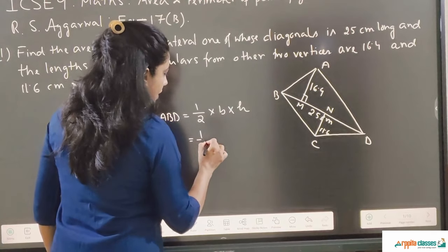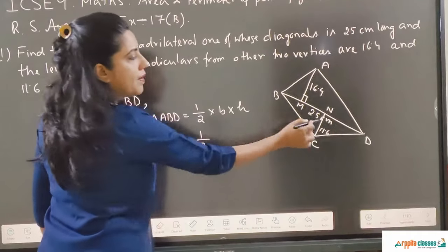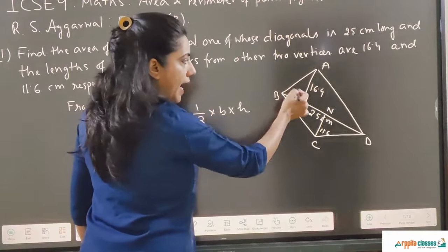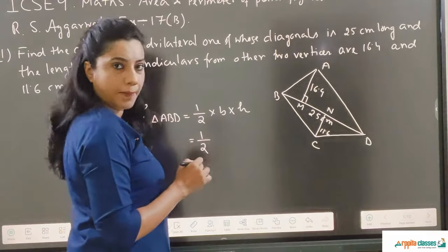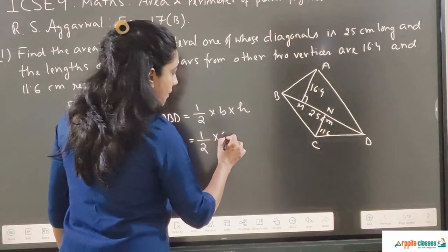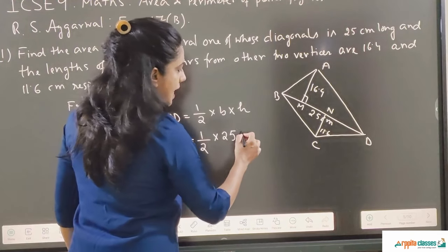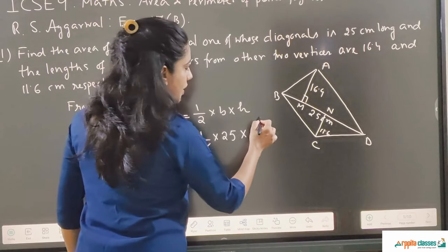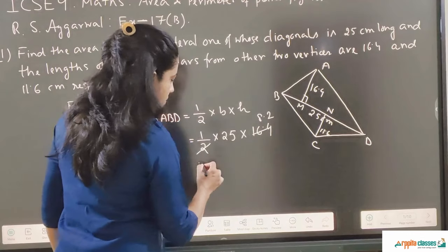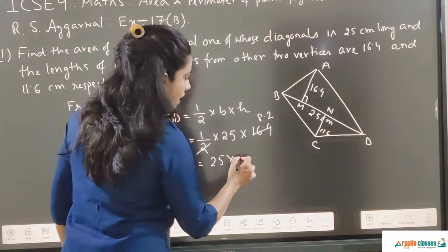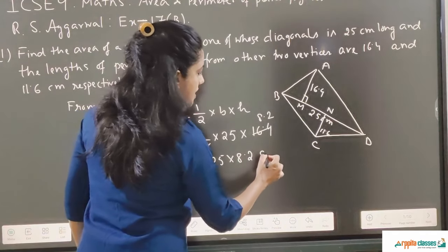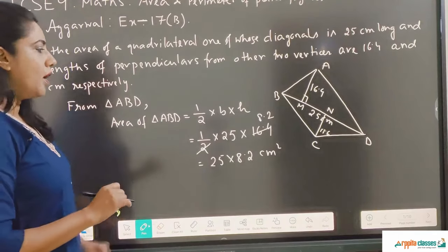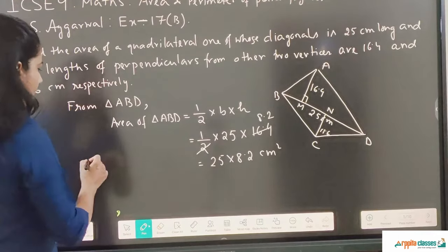Your base here is 25 cm, which is the length of the diagonal, and on that you have the height, that is AM. So we can take 25 as the base and height is 16.4. You cancel it out to 8.2. So this is 25 into 8.2 centimeter square. This is the area of the first triangle. Now you can calculate or leave it like that, no problem.